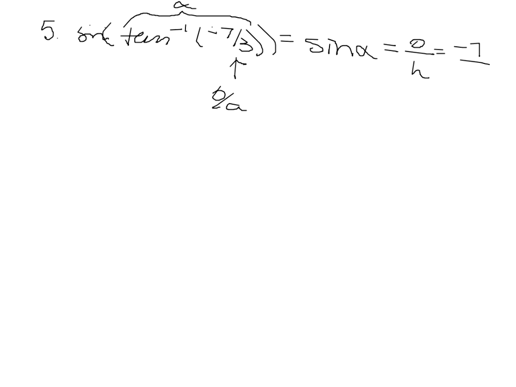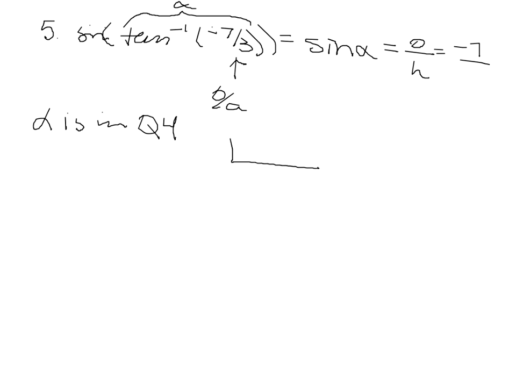Inverse tangent, we're in quadrant 4 here, so remember this angle, because that's where inverse tangent's negative. And so this alpha sine's also going to be negative because we are in quadrant 4. So now I need to find the hypotenuse.